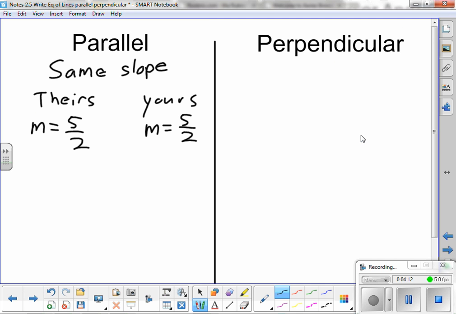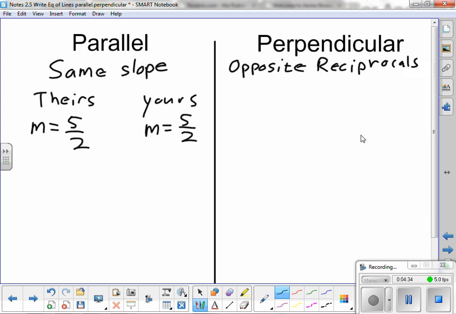Okay, perpendicular lines have opposite reciprocals. Pretty sure that's how you spell that.